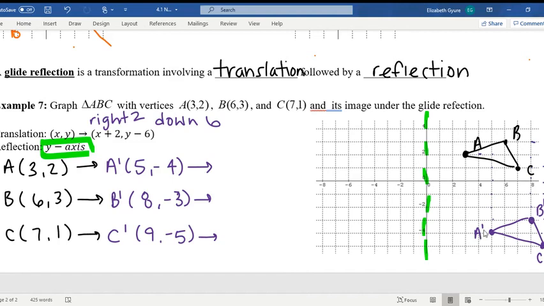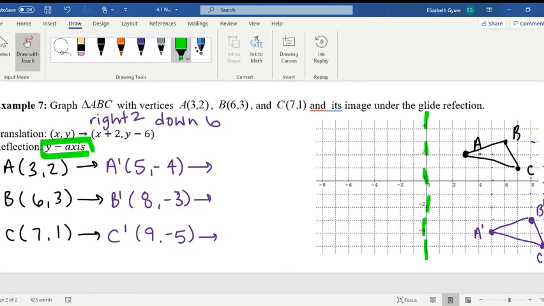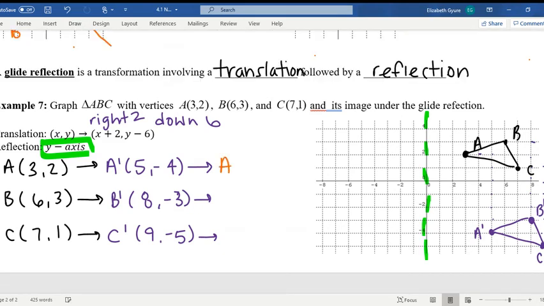Now for this one, something with the labeling, guys: I moved it once so I have it as prime. You're going to move it again, so you're going to put double prime. You're going to put 2 little dashes, okay? So now I'm trying to figure out what A double prime is going to be. My rule for reflecting over the y-axis is (opposite of a, b).